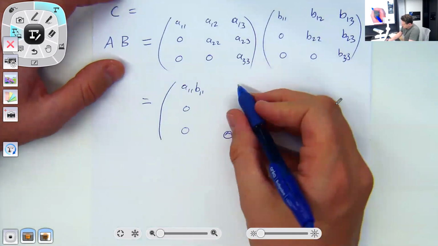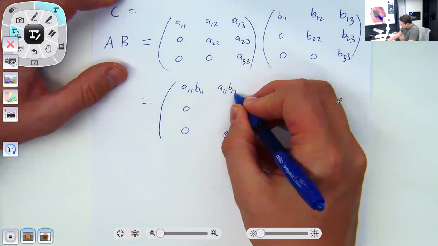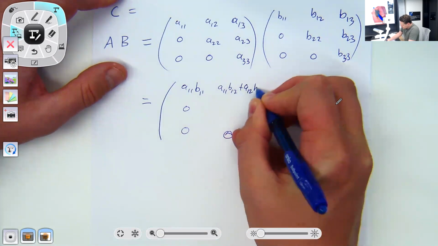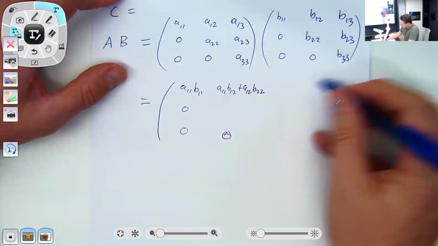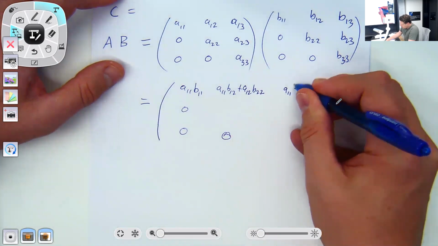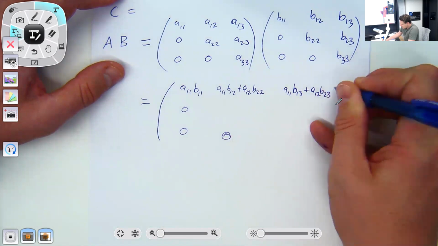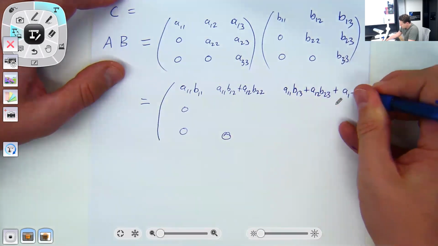Okay, the next entry is A11, B12, plus A12, B22. And then over here, I have 3 things: A11, B13, plus A12, B23, plus A13, B33.